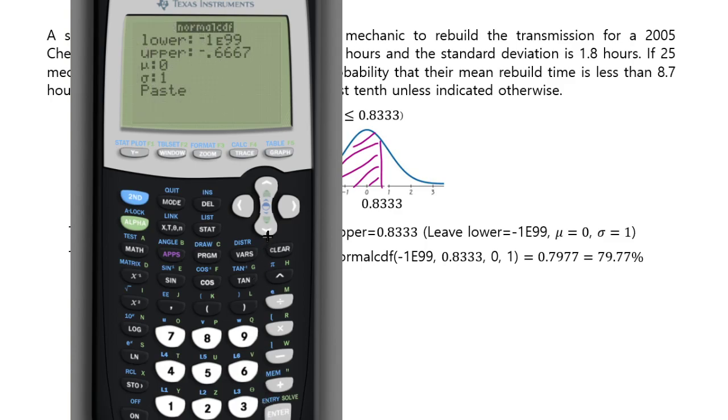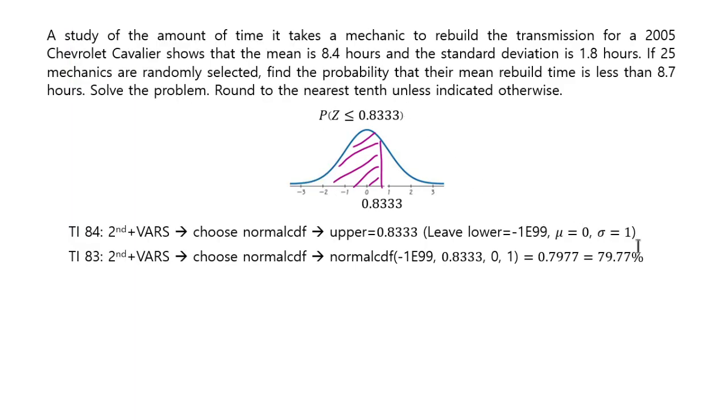Okay, now we don't change the lower bound or the mean of 0 or the standard deviation of 1. Everything is kept as it is, and we only change this one. I'll clear it and then put 0.8333. Enter, enter, and you get 0.7977 if you round it, and so you get this as your answer.